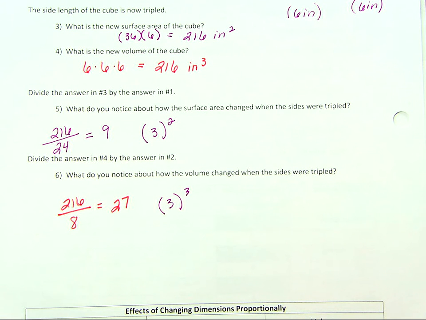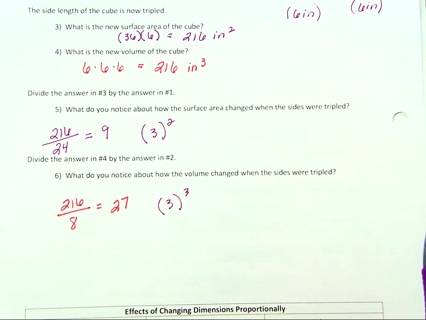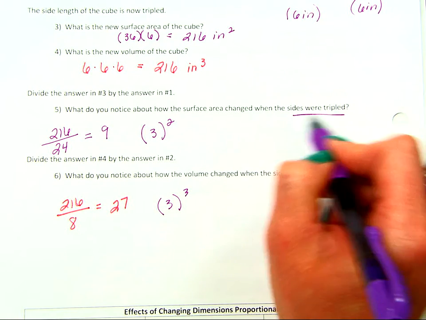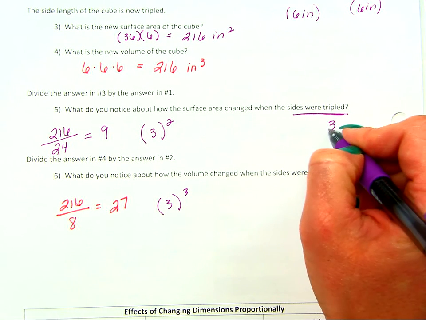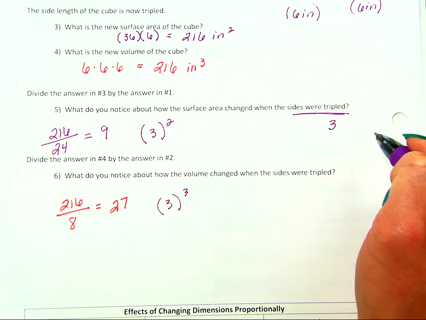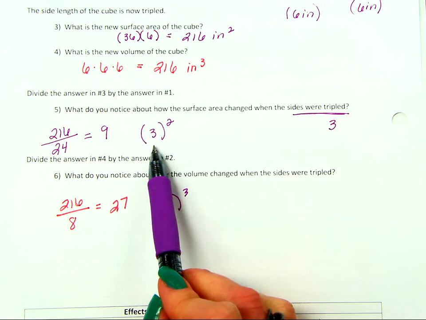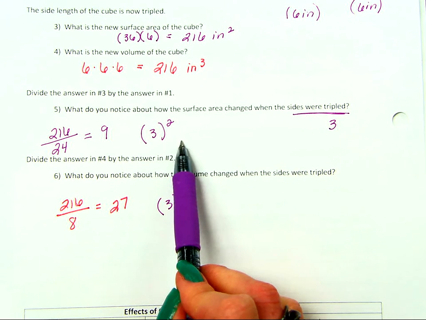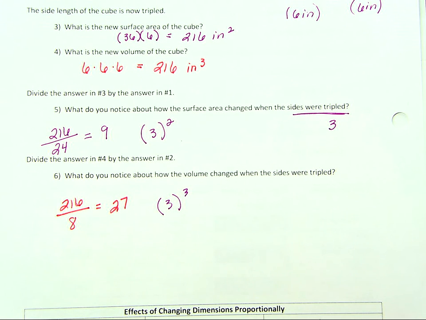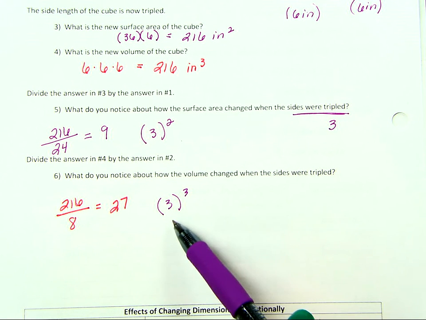In fact, that's always going to be the case. When my dimensions change by a factor of 3, my surface area is always going to change by that factor of 3 squared, and my volume would always change by the factor of 3 cubed.